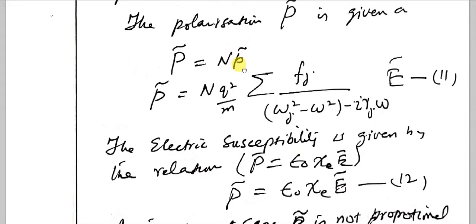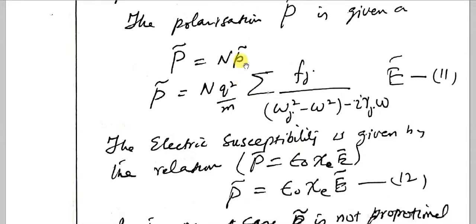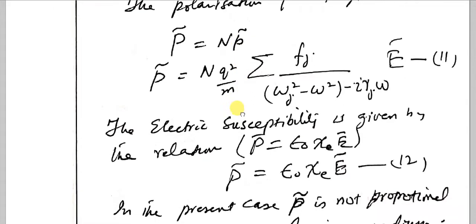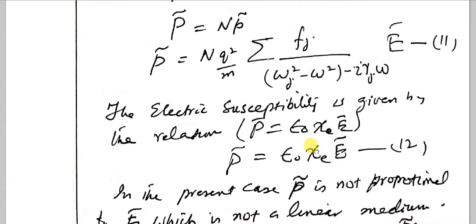So P is equal to, putting in the value of the dipole moment, n q square by m, sum over all j of f j over omega j square minus omega square minus i gamma j omega. Obviously, omega j are the natural frequencies and omega is the driving frequency, one thing you should note. This is equation number 11.